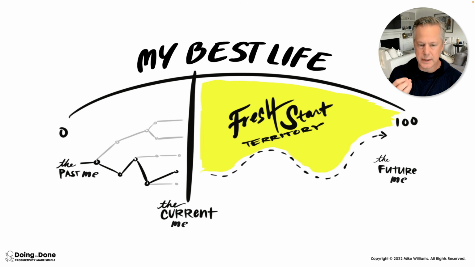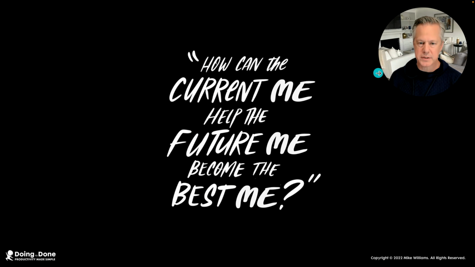And so the whole energy and premise of the Doing to Done book is how do we help people create a fresh start? More specifically, the design question is this: how can the current me help the future me become the best me? So now I'm like, okay, if this is the design question, now I can put in some interesting thinking to try to solve that.